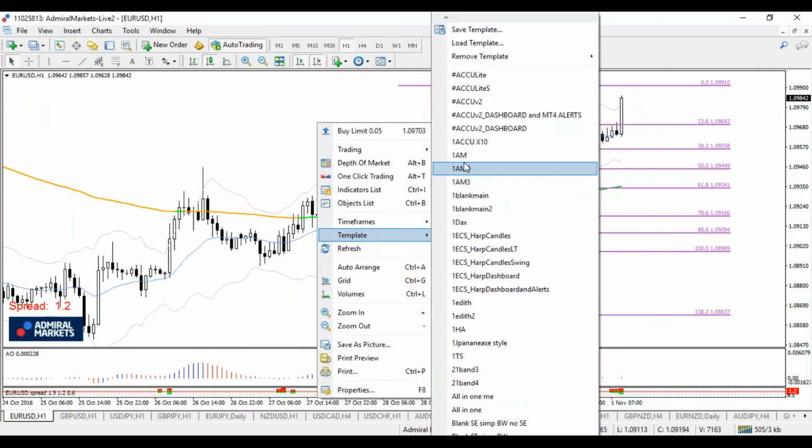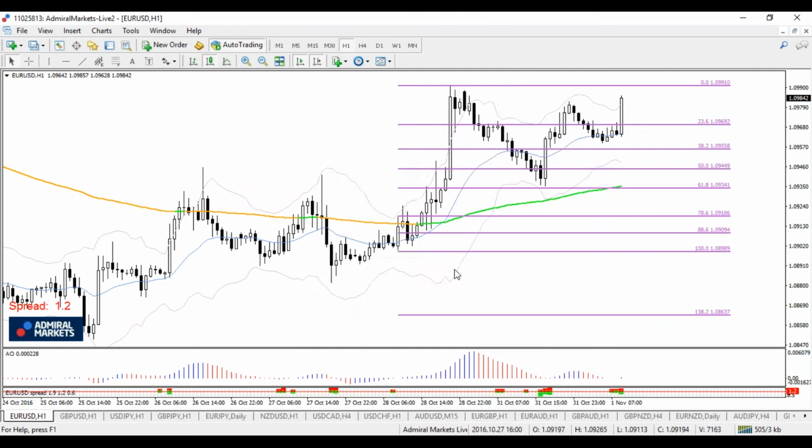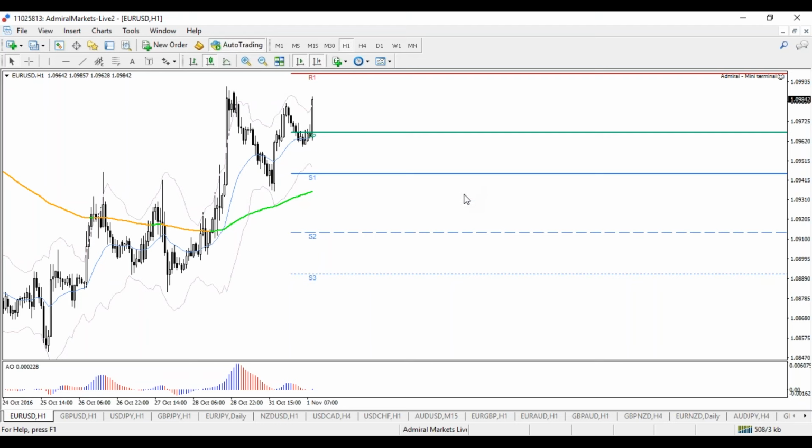Let me add some pivot points to it. There we go. So when we look at the pivot points, we would have to look for maybe some break above the resistance R1s and R2s.